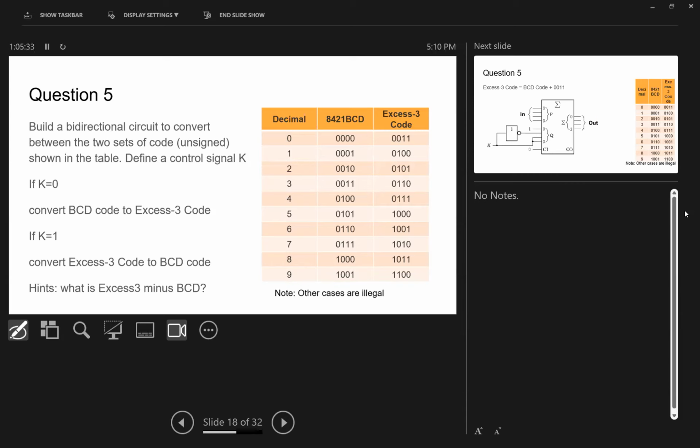Actually, I think it's quite similar, right? When k is 0, we are going to add 0, 0, 1, 1. When k is 1, we are going to add the 2's complement of this negated number, and the result should be 1, 1, 0, 1, right?